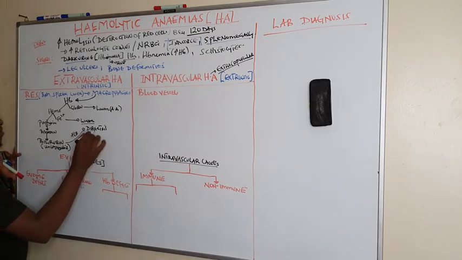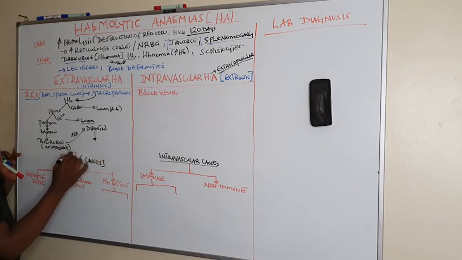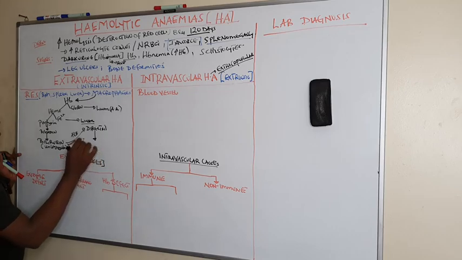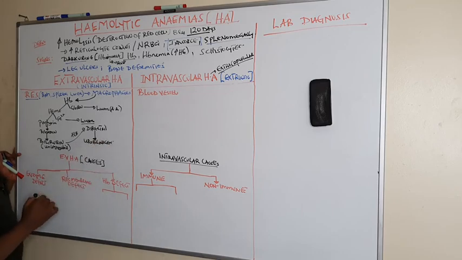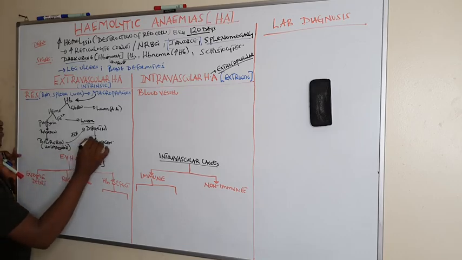Then this direct bilirubin is transported via the bile duct to the intestine, or to the duodenum, whereby it is converted to urobilinogen. And this urobilinogen is formed by the presence of intestinal bacteria.